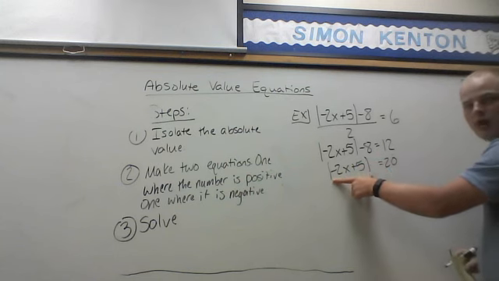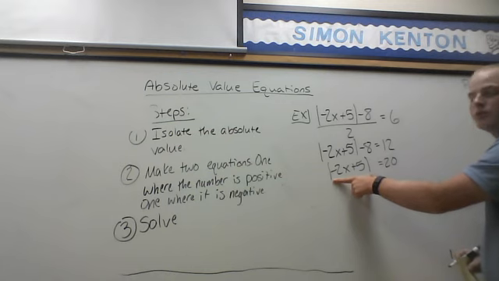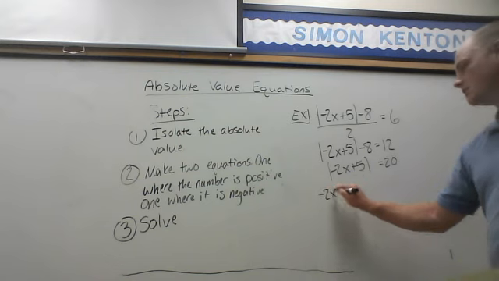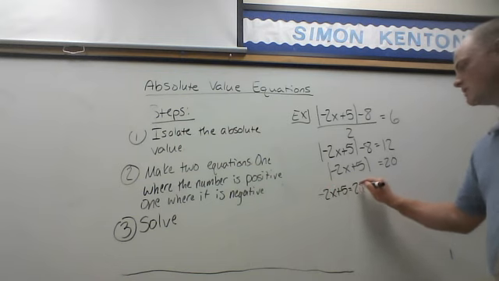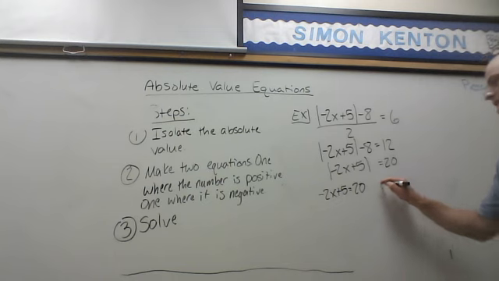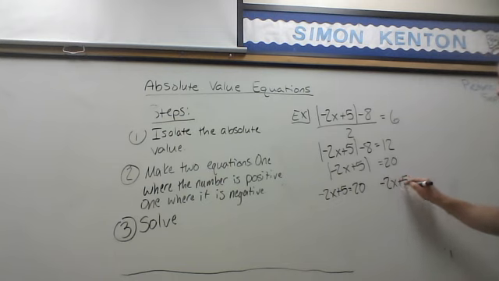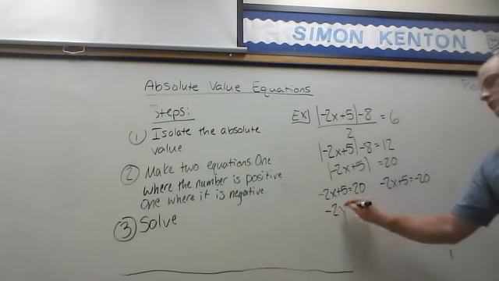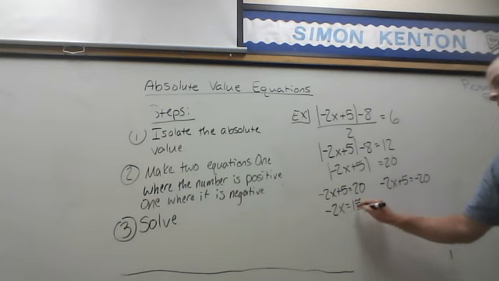So this is the spot where you're allowed to actually break it up into the two separate equations. So I'm going to have negative 2x plus 5 equals a positive 20. I'm also going to have negative 2x plus 5 equals negative 20. And then you can go through and solve those. So you subtract 5 over, you get negative 2x equals 15.